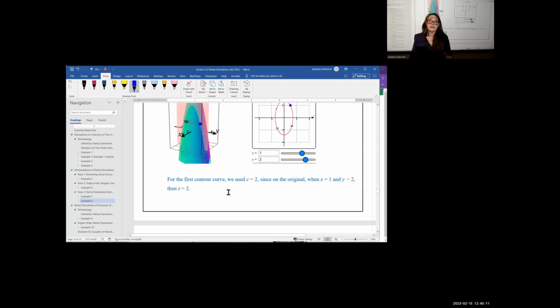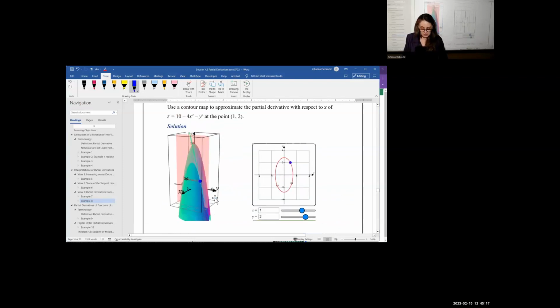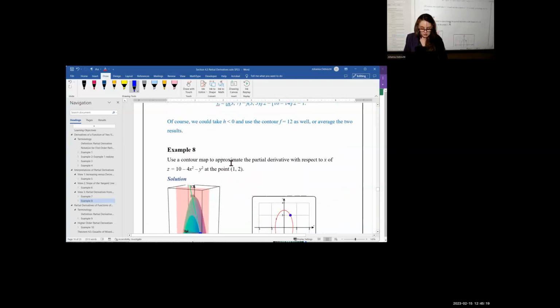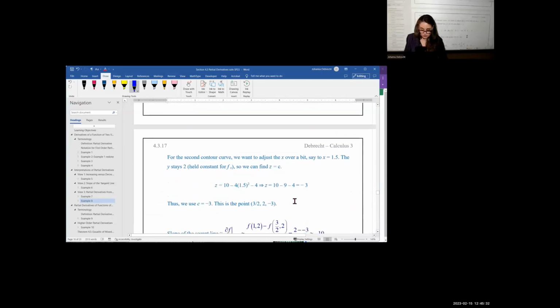The first one I did was the contour line at c equal 2, because when x is 1 and y is 2, then z is 2. I wanted to evaluate at the point in the domain 1, 2, and that gives me a z value of 2, so I have to use 1, 2, 2. That's my target point. Now the other point is arbitrary, but I don't want to get too far away.